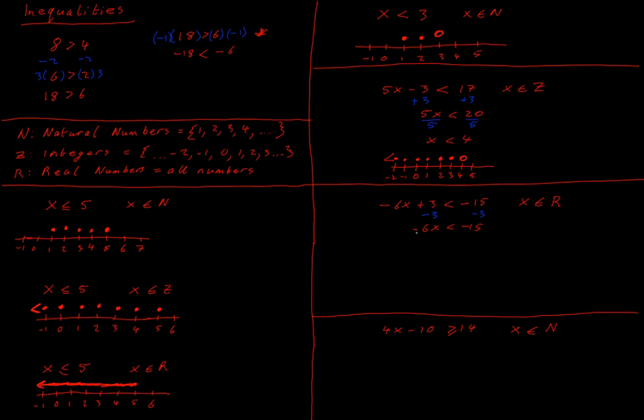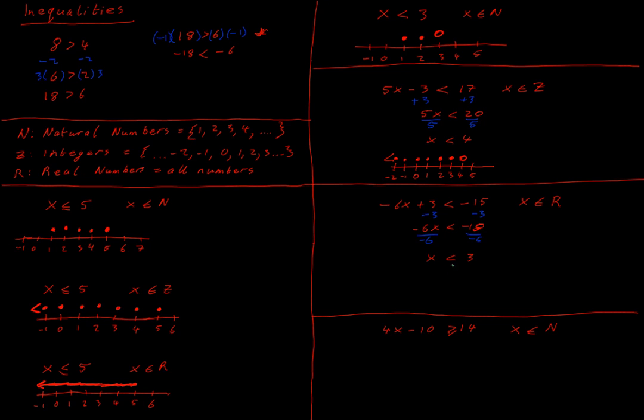Now I want x by itself, so I'm going to divide by the number in front of x, because any number divided by itself is 1. And then x is going to be less than minus 18 divided by minus 6, which is going to be 3.